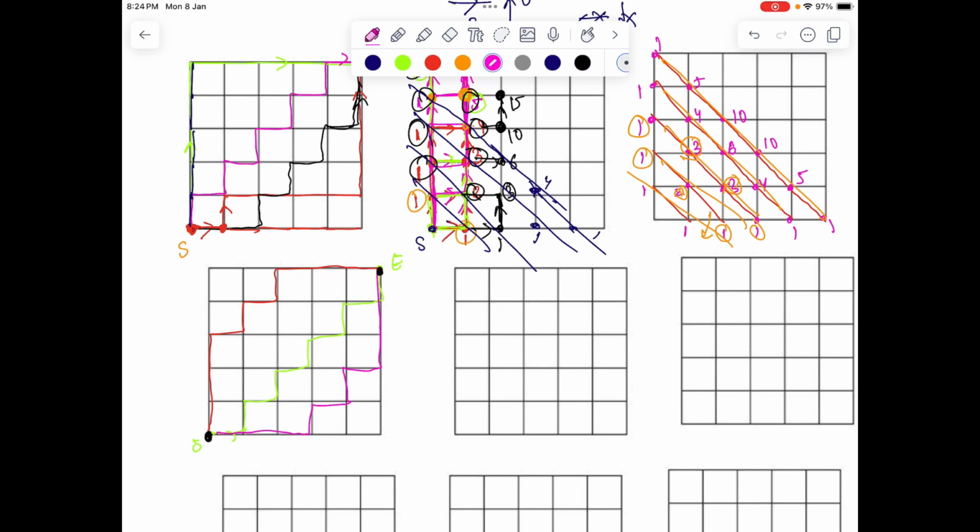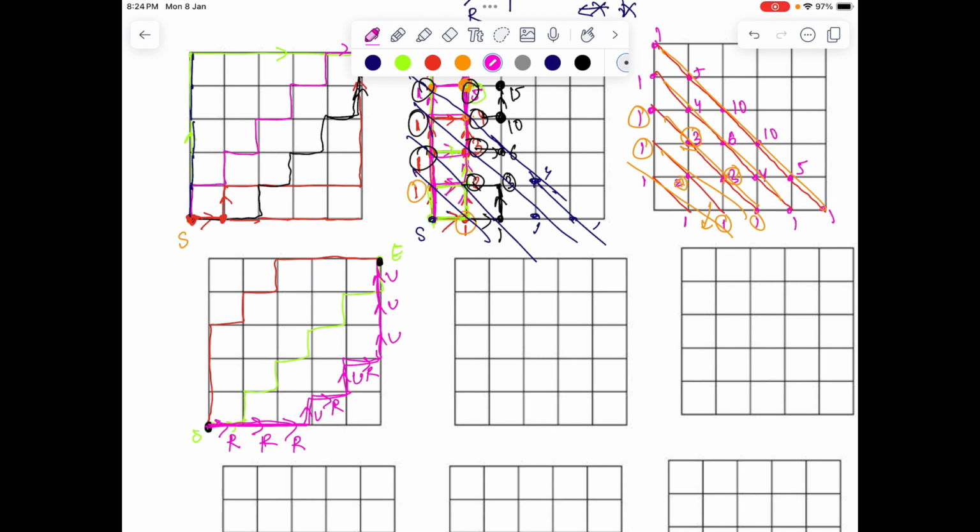Yeah, so here we go. What we can see is that in any path, the total number of moves in the right direction is constant. For example, for the first path, we have moved one right, then up, again right, up, right, and then up, up, up.